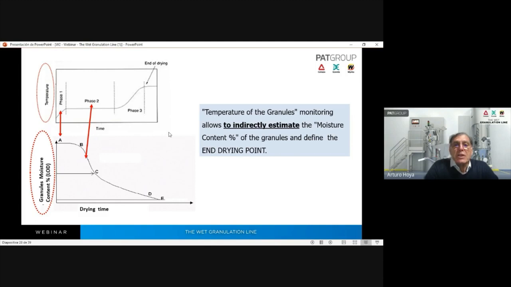So this means the following: the temperature of the granules measured with the device in the expansion chamber allows us to indirectly estimate the moisture content percentage of the granules and define the end point.